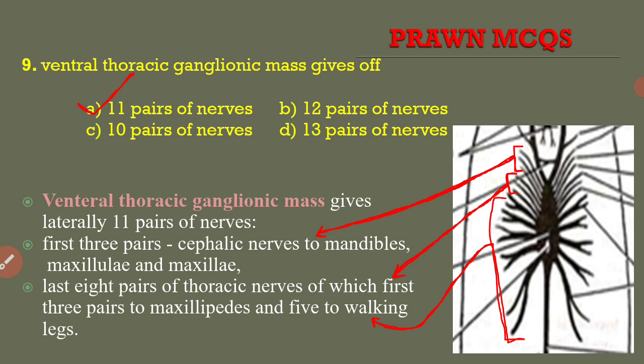These 5 nerves attach to or innervate the walking legs. So this is the distribution of the nerves which arise from the ventral thoracic ganglionic mass.